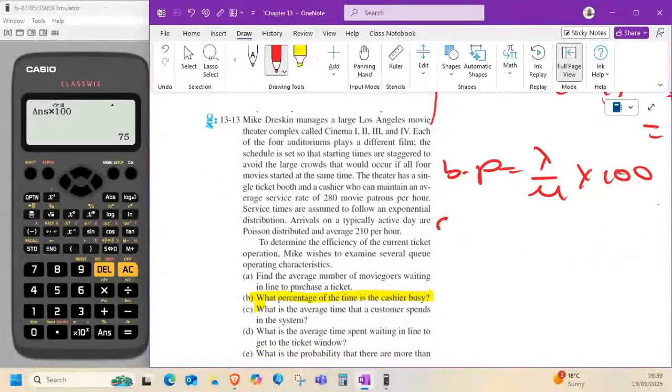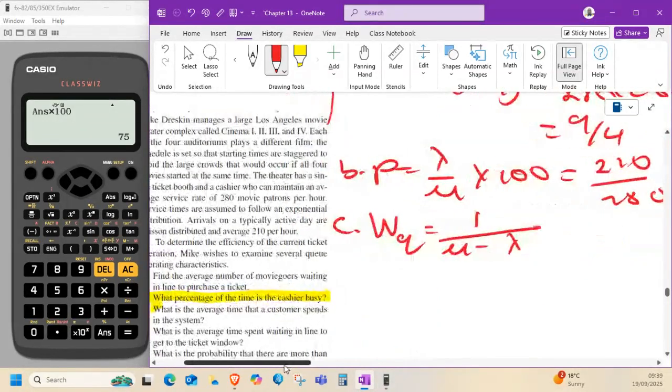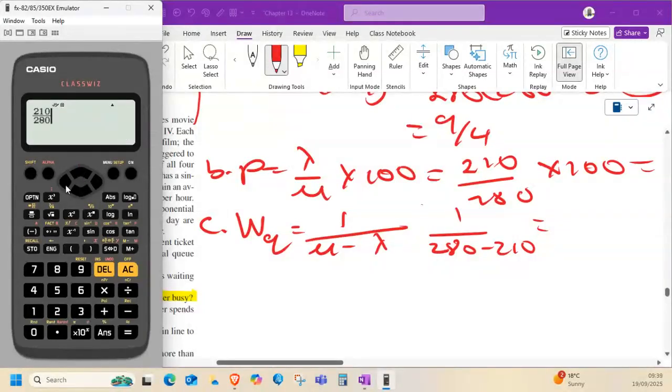Number C now. What is the average time spent waiting in the line to get a ticket? 1 over 280 minus 210 equals, you go to your formula quickly, minus.